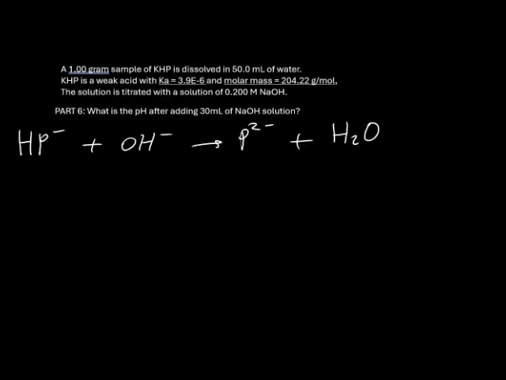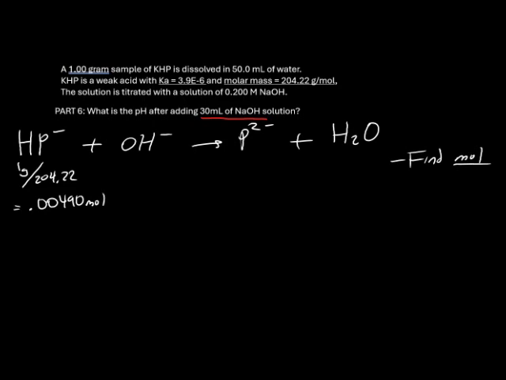For the final part of this question, we now have 30 milliliters of NaOH that we're adding to our acid solution. Before you do anything else, let's find moles. For our HP negative, we had 1 gram divided by 204.22. So as before, we start with 0.00490 moles.